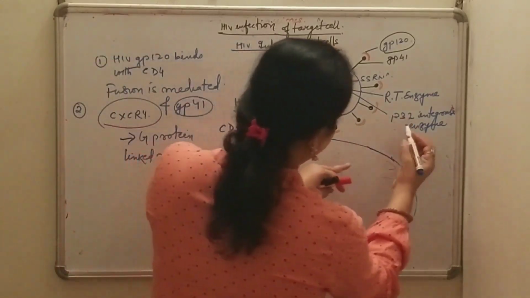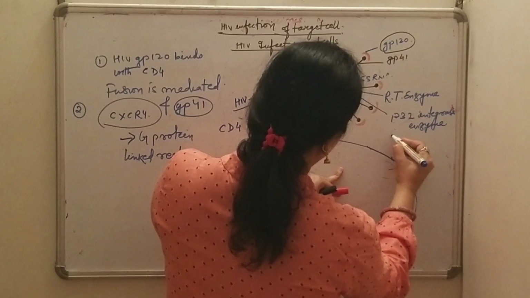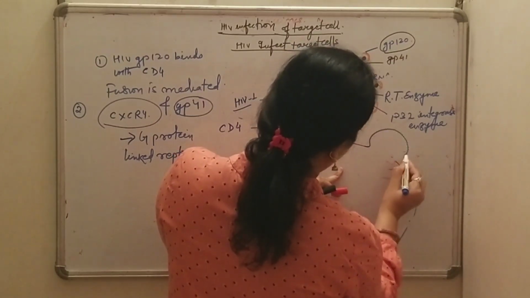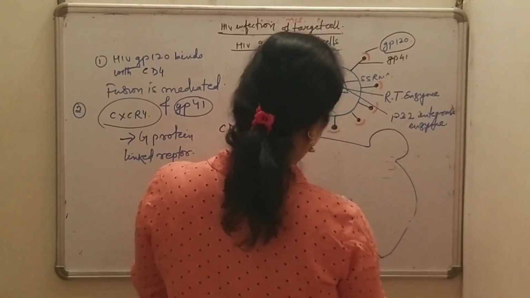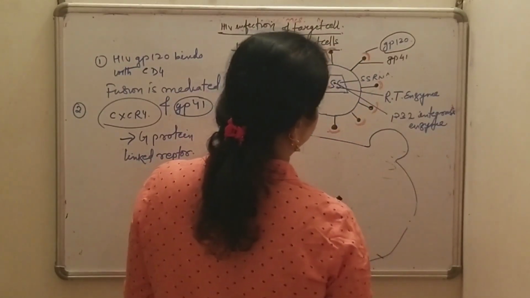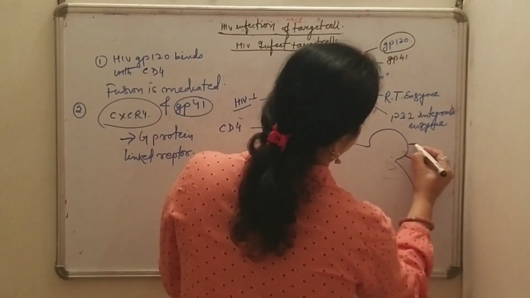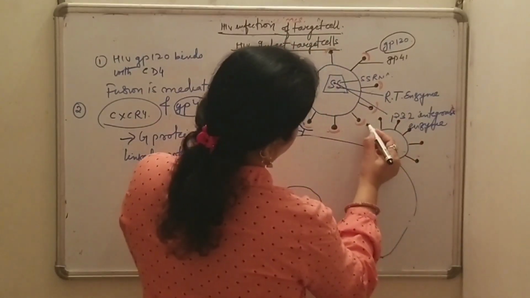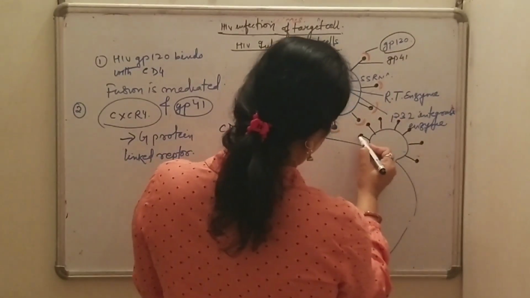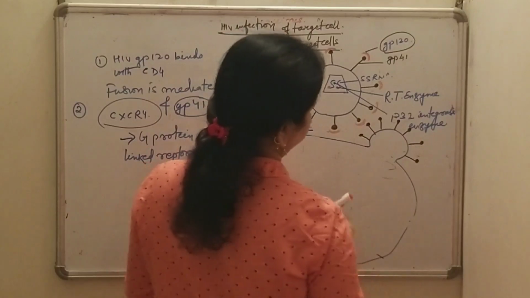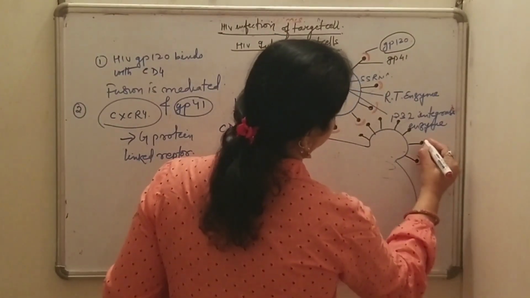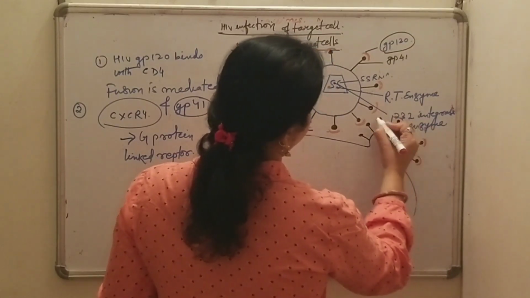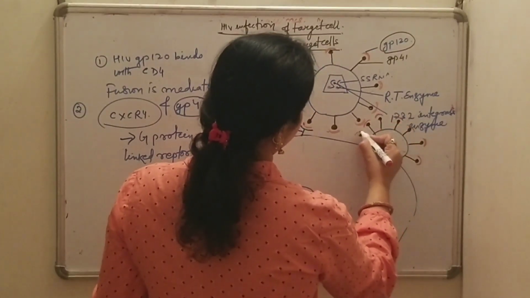So I am drawing here again. How is fusion getting mediated? This is GP120.